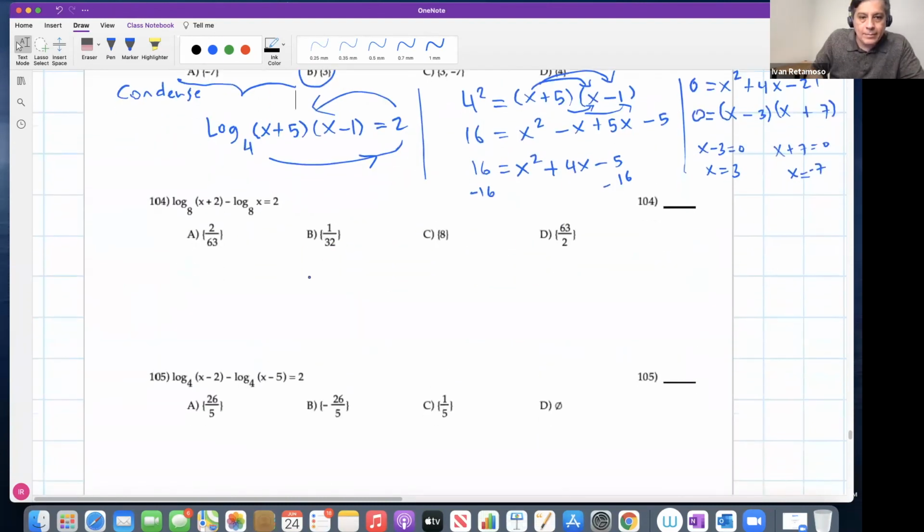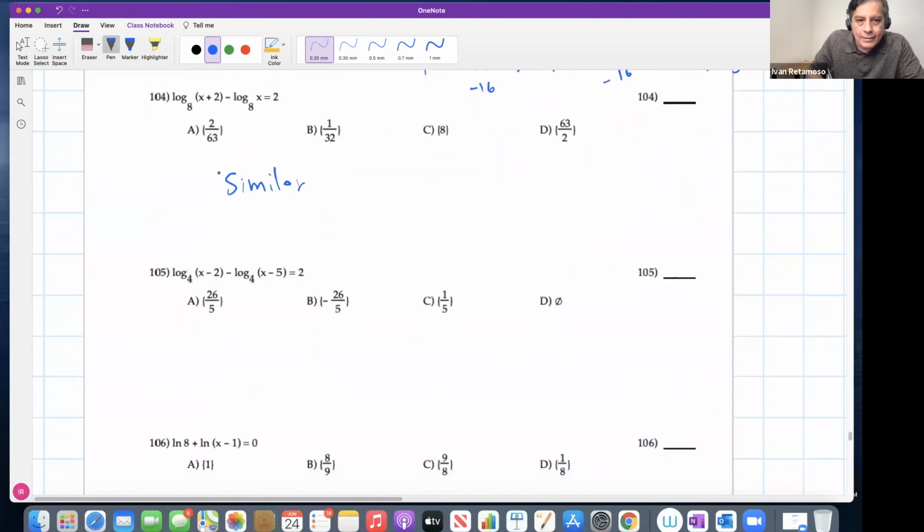This one's similar, but the idea here is to do the condensation via the quotient rule in reverse, right? So let me show you this. I'm going to write here something similar. Similar to that.